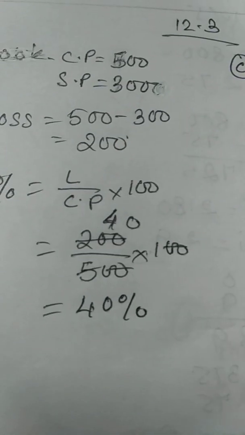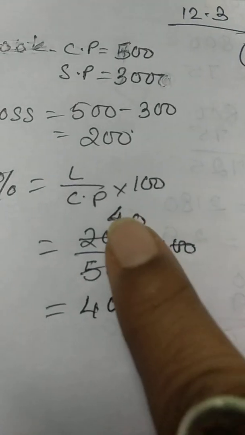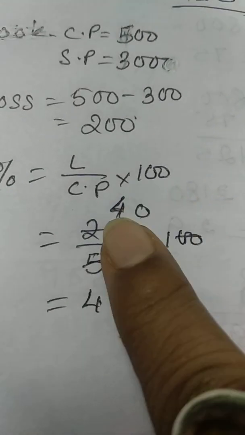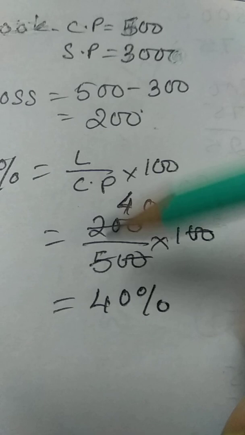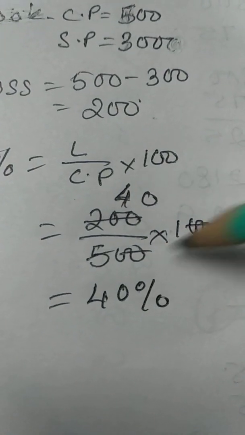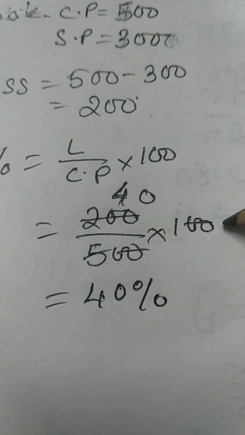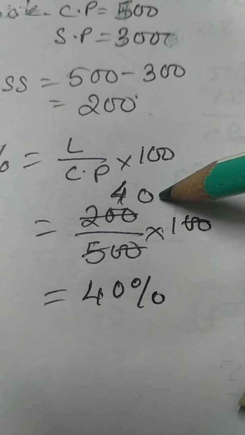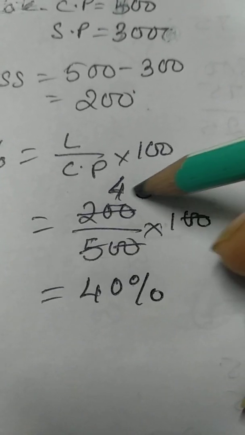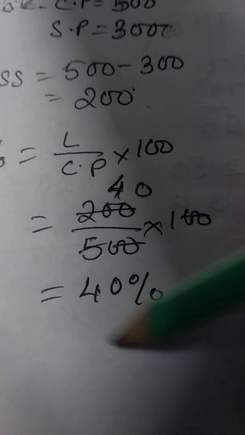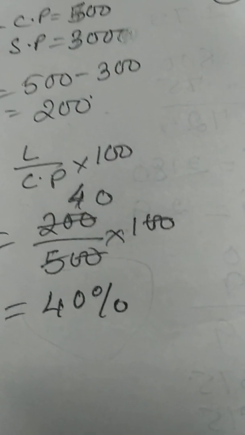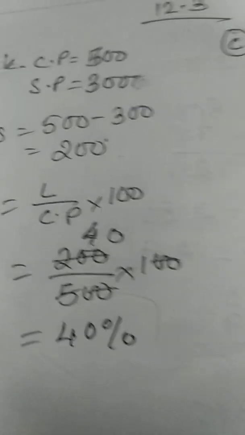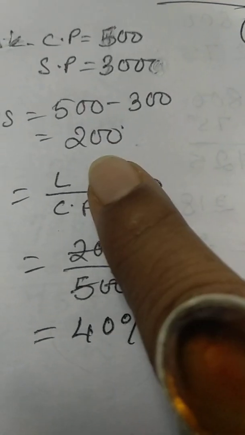For that, as the formula is loss by CP into 100, loss is how much? 200. This is the loss we have found. So 200, CP is 500, so 200 by 500 into 100. The 0s are cutting out. 5 fours are 20. So 4 and 0, the percentage is 40%. Once again, CP minus SP, I got the loss amount.